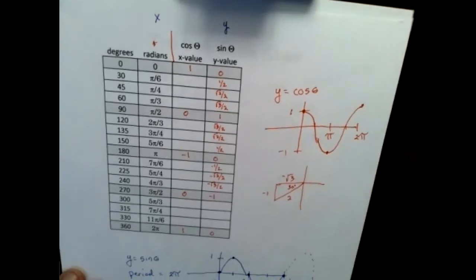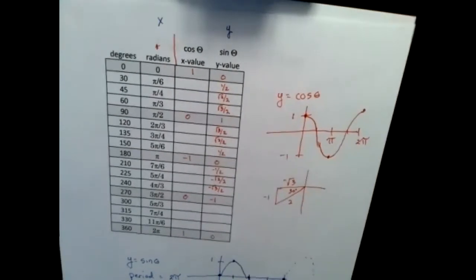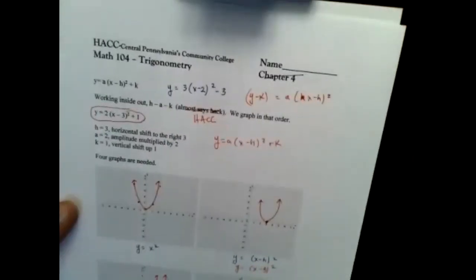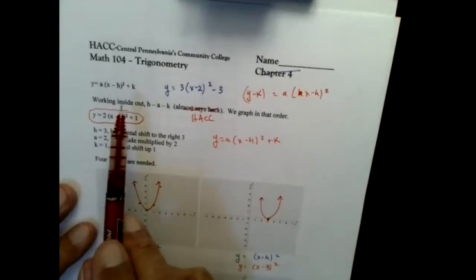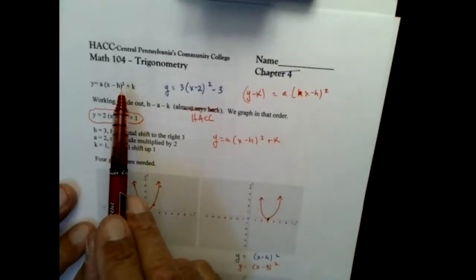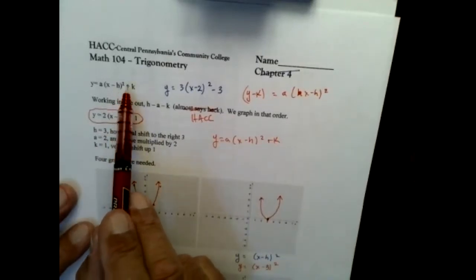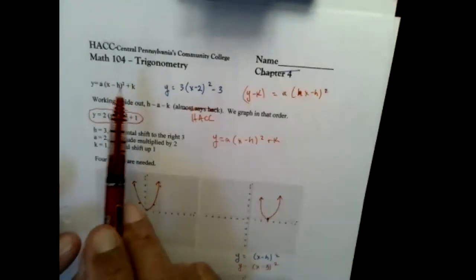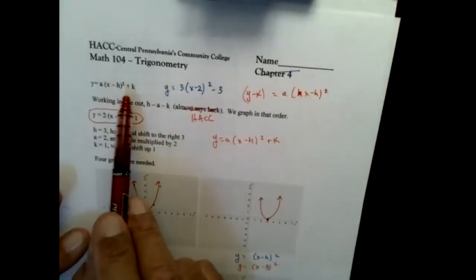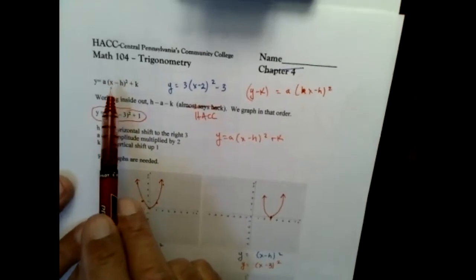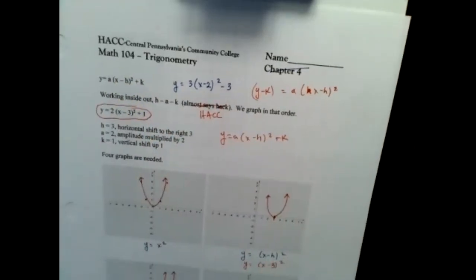So now, just like those days back when I had parent functions, I had parent functions x squared, x cubed, the absolute value. I had a lot of different parent functions that I could do translations on.